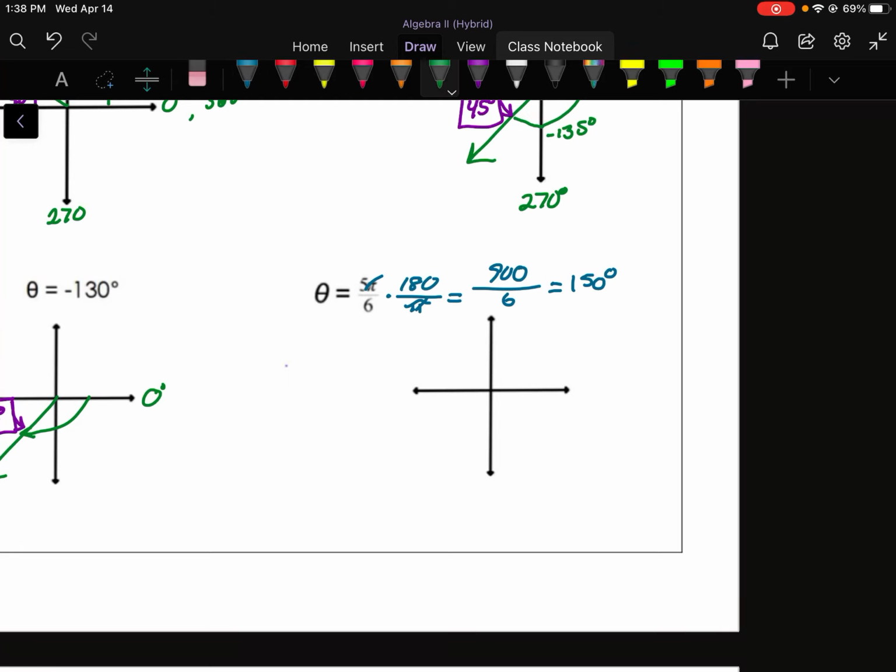So we're finding the reference angle for 150. You start at the positive x-axis and go counterclockwise past 90, to about 180, so that's a 150 degree angle. Then for the reference angle, we take 180 minus 150, and that leaves me with a 30 degree reference angle. That's the acute angle from the terminal side.